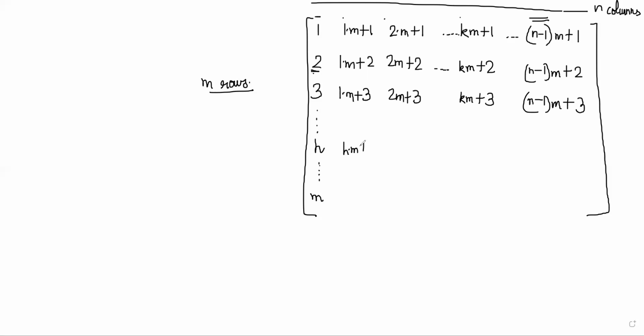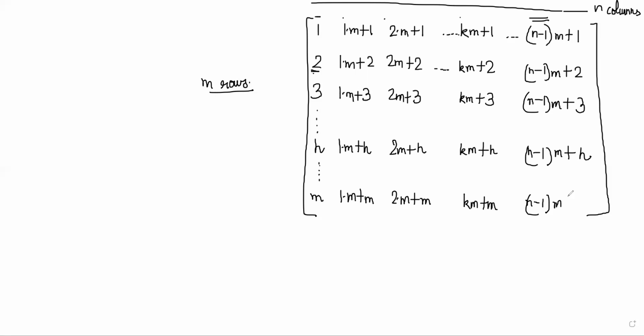I'll just fill this up. This will be 1 into m plus h, 2 into m plus h, k into m plus h, n minus 1 into m plus h. And the last one is 1 into m plus m, 2 into m plus m, k into m plus m, and n minus 1 into m plus m.